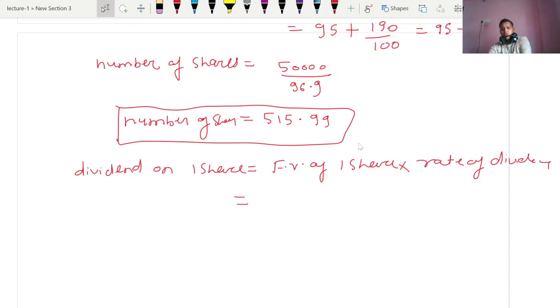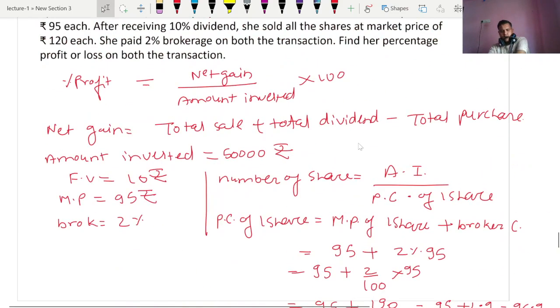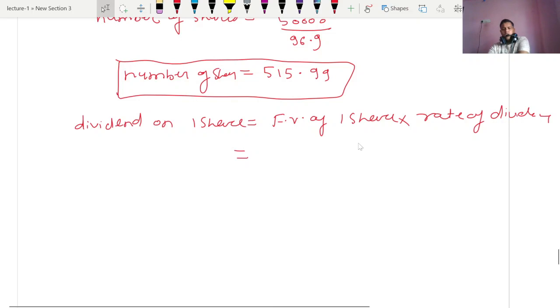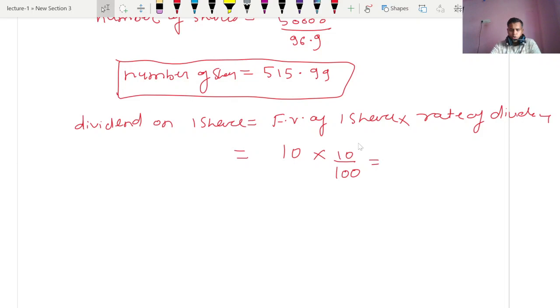The face value of one share is 10 rupees, and the rate of dividend is 10%. So 10 rupees share and 10% dividend, so the dividend on one share is 1 rupee.